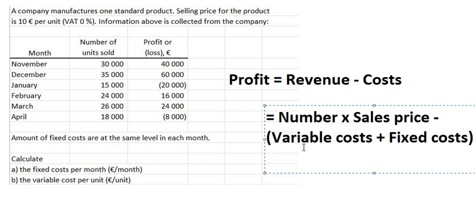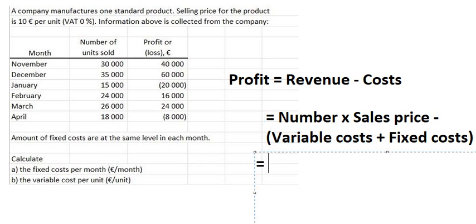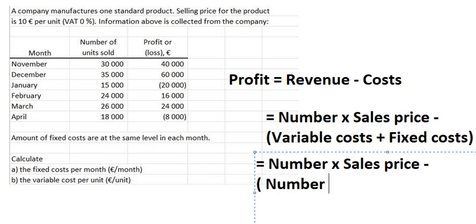The variable cost is the number of the product multiplied by the variable cost per unit.